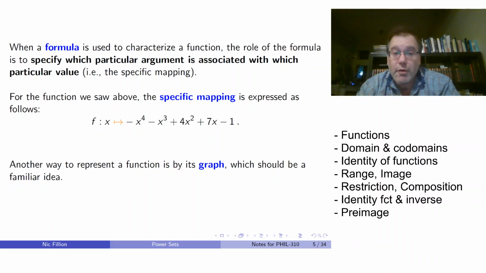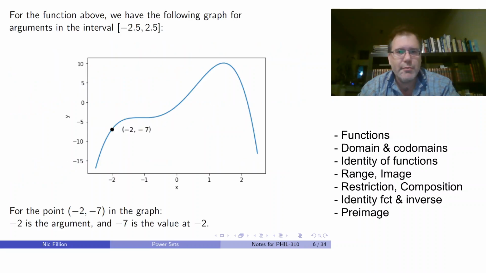Another way of representing a function is not by giving a formula, but rather by giving its graph, which should also be a familiar idea. I'm sure you've worked with those in school quite a bit. So for the function that we were considering, here's what its graph would look like on the interval going from minus 2.5 to 2.5. It's a beautiful shape, right? Perhaps that's a curve that's not flattened enough.